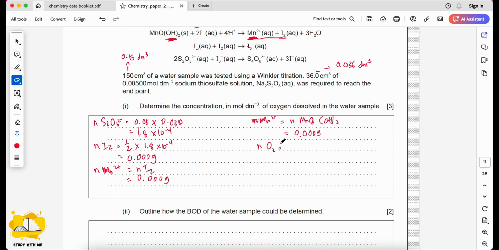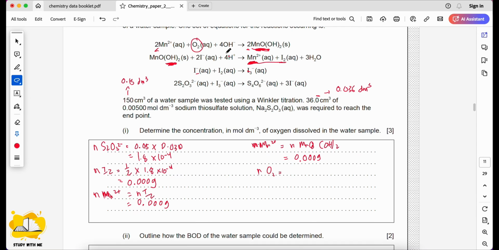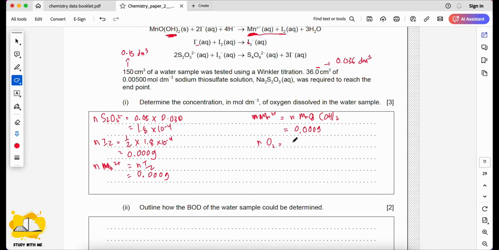Okay, then next for oxygen, we see that the coefficient is 1 and here it is 2. So it's half the mole of Mn(OH)2. That would be 0.00045 mole.